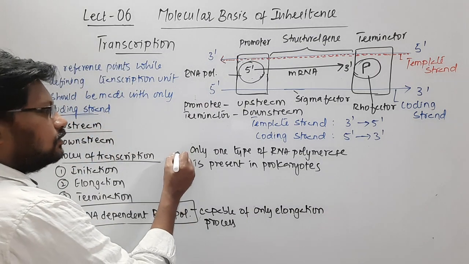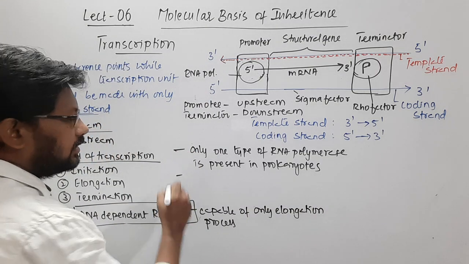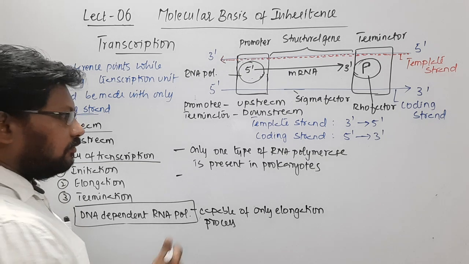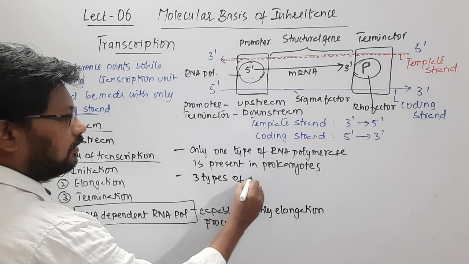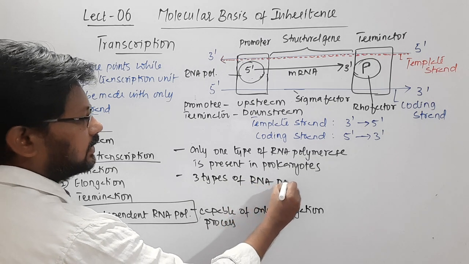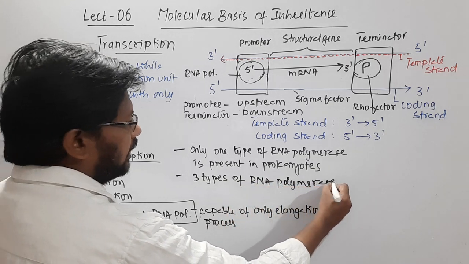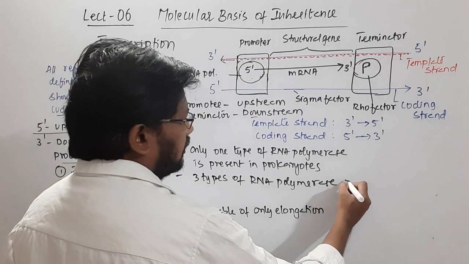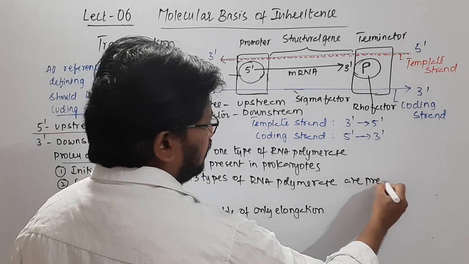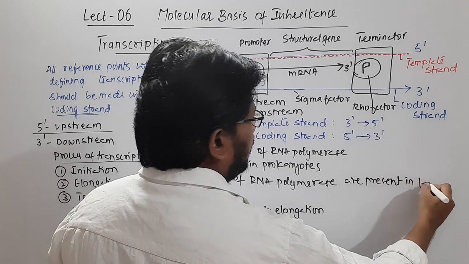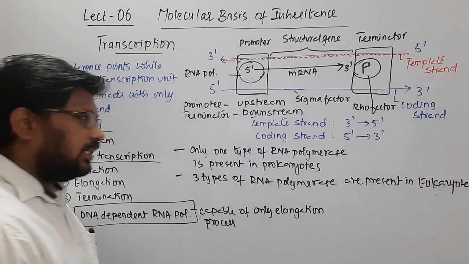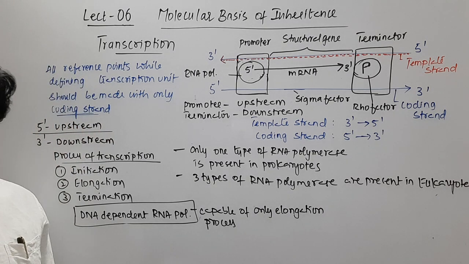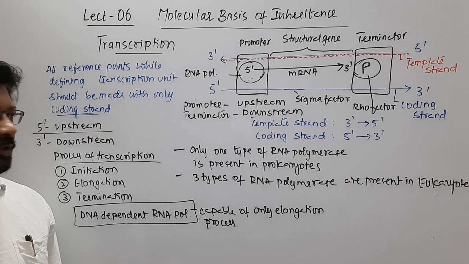Now, coming to eukaryotes, there is a division of labor, and we find three types of RNA polymerase present in eukaryotes.